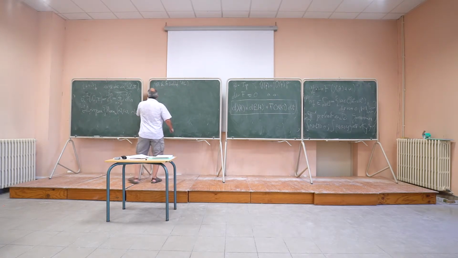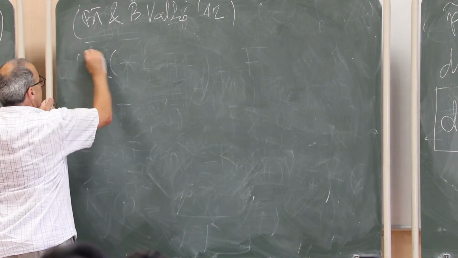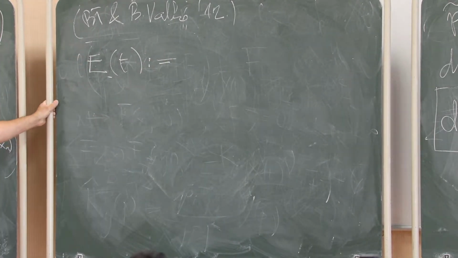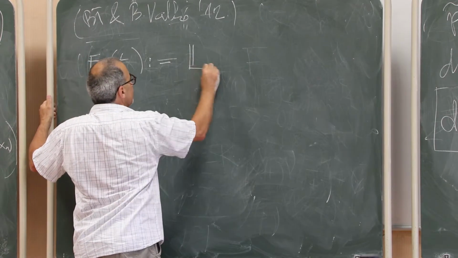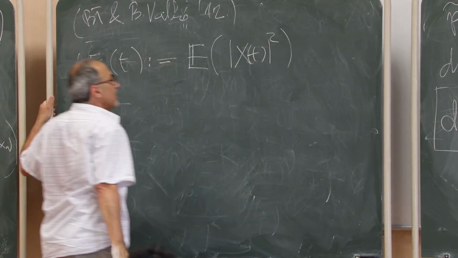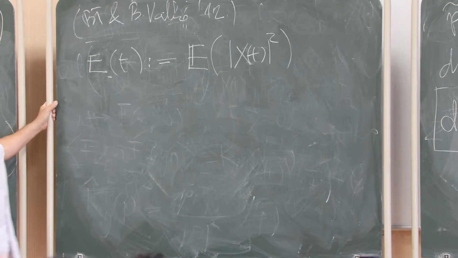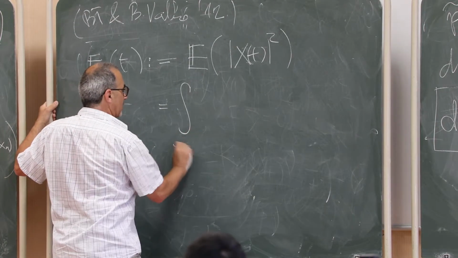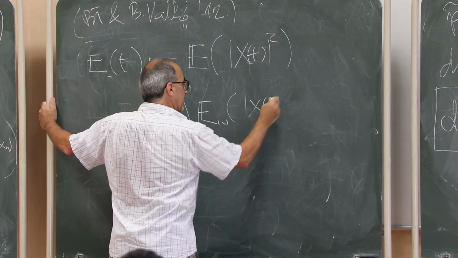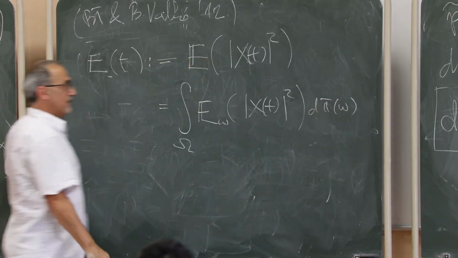Denote E(t), which is just the expectation of X_t squared. By this I mean the annealed expectation. Annealed expectation means the integral over omega of E_omega of X_t squared, d pi of omega.